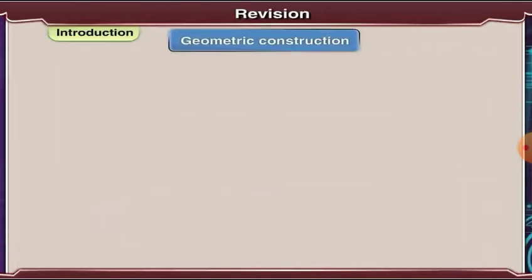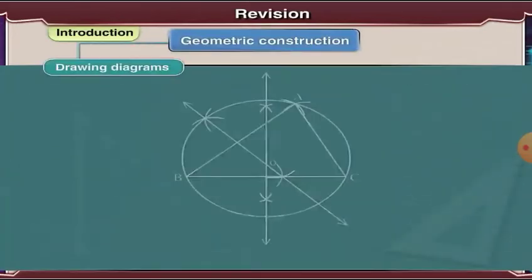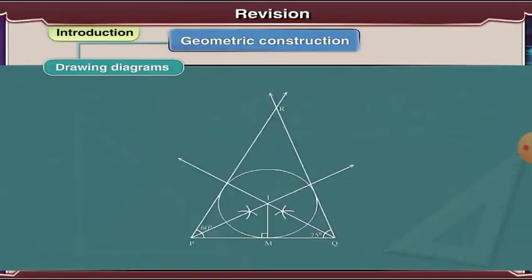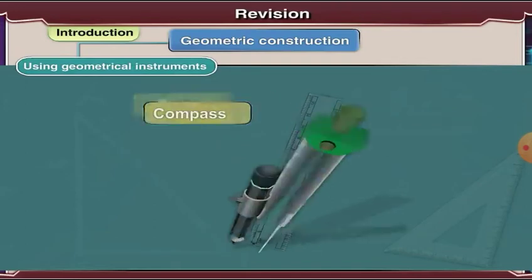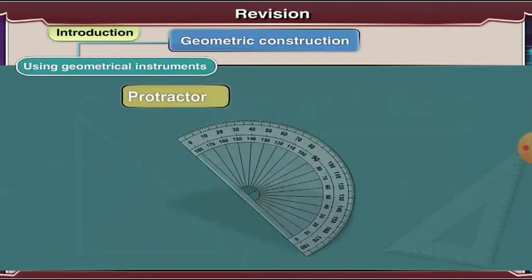Geometric construction is mostly concerned with drawing diagrams as per the data using geometrical instruments such as ruler, compass, protractor, and set square.